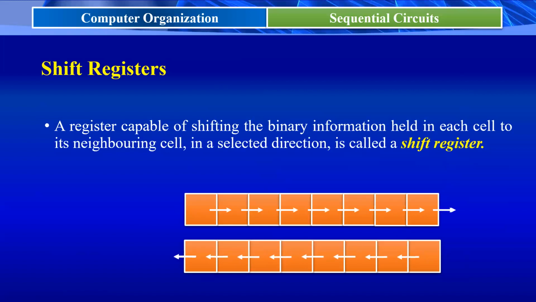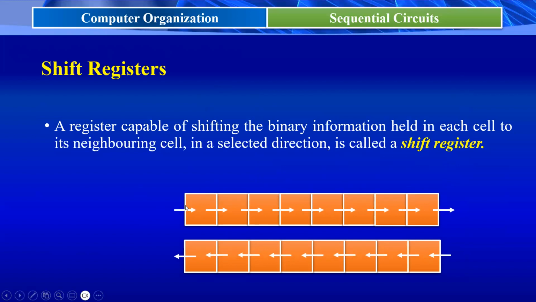A shift register is capable of shifting the binary information held in each and every cell. You can assume, friends, these are the flip-flops present in this register. The binary information can be shifted to the neighboring cells based on the selected direction.